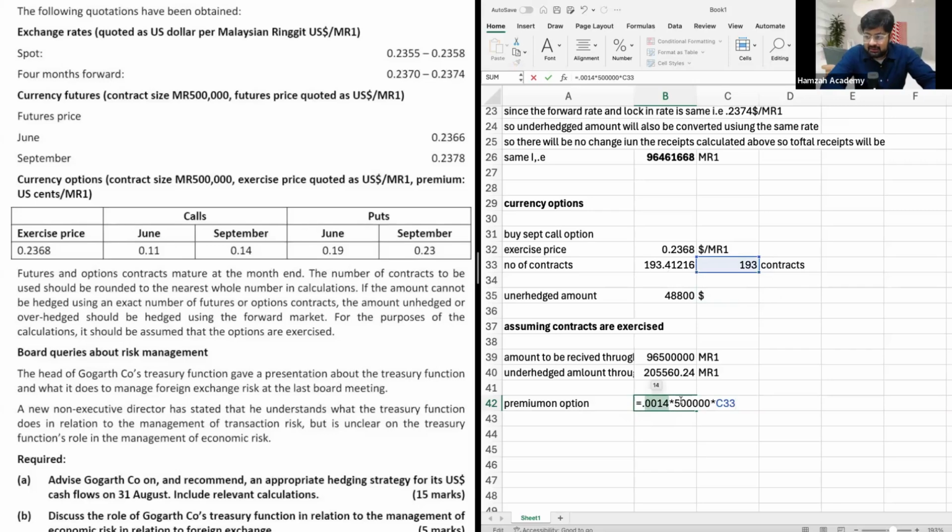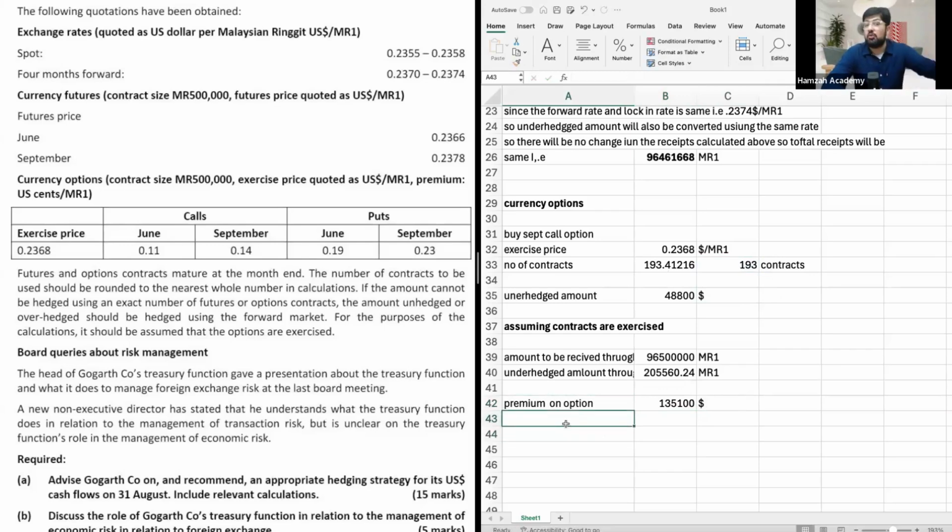The premium is dollar per MR, times MR, so MR cancels and the answer is in dollars. This is the premium on option.